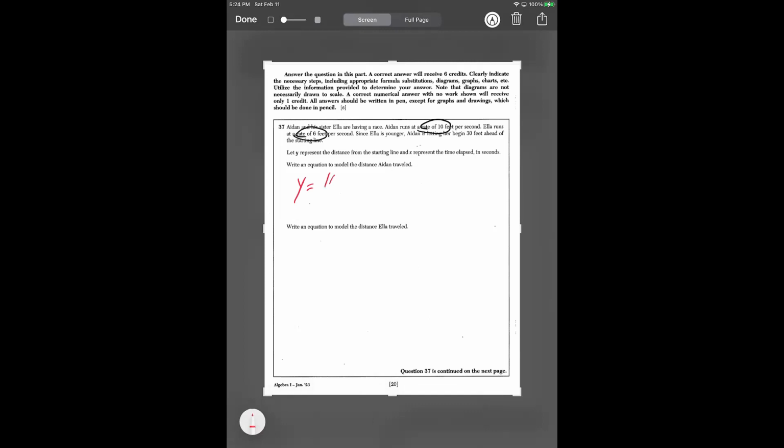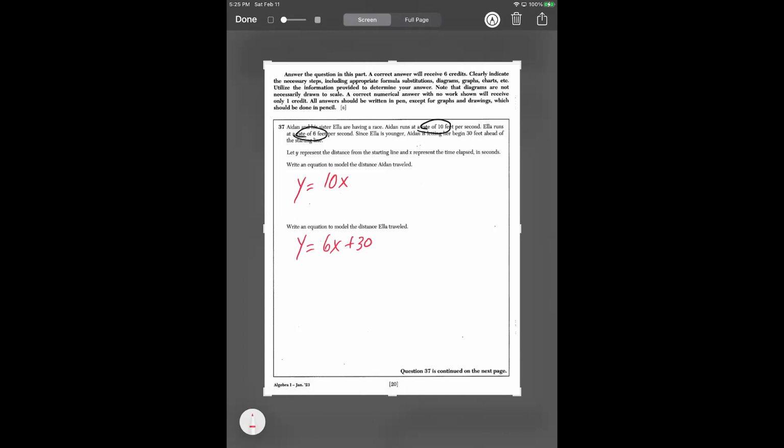Aiden is going 10 feet every second, right? So it's going to be 10 times x. And then his sister, she's a little slower. Her rate is 6x, and she has a head start, so we have to incorporate that 30 feet ahead. Those would be the two equations for Aiden and for Ella.